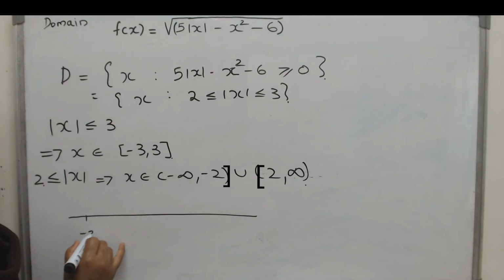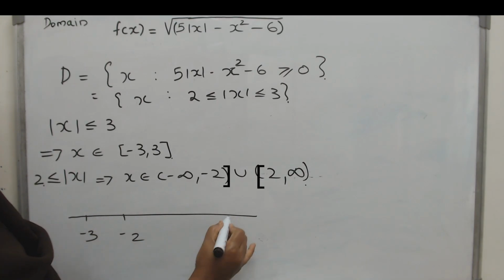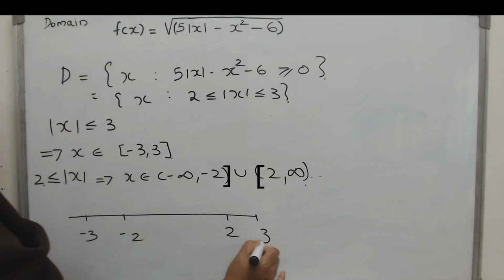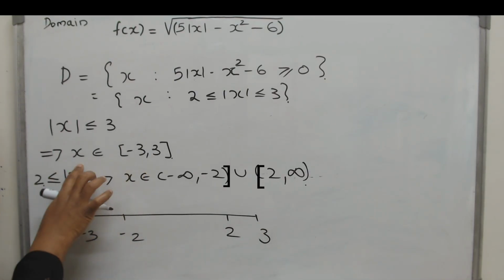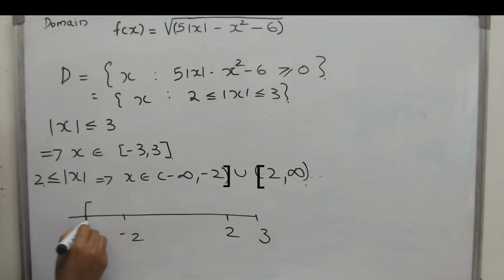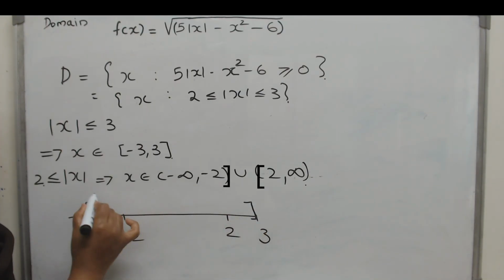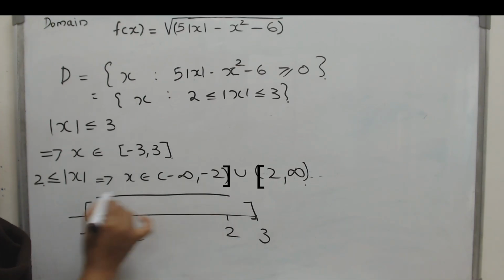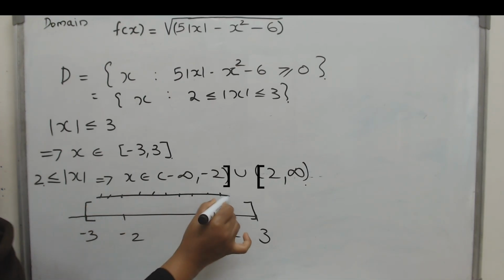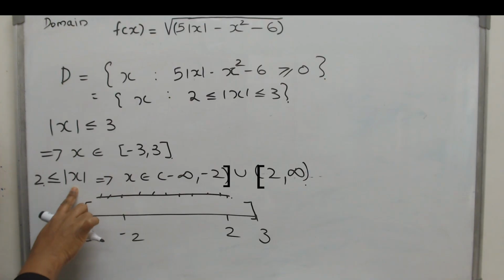Let us first mark the important points. Minus 3, minus 2, 2 and 3. What does the first condition say? X should lie between minus 3 and 3, which means all of this part. Right? And what does the second condition say?